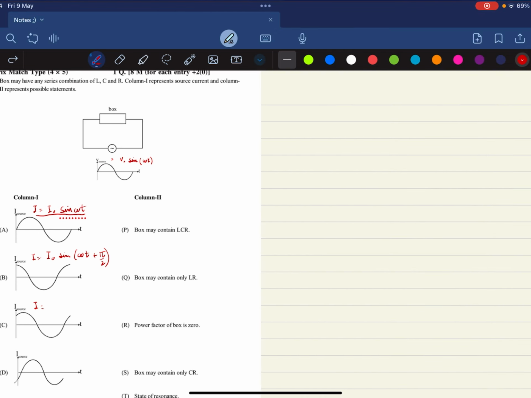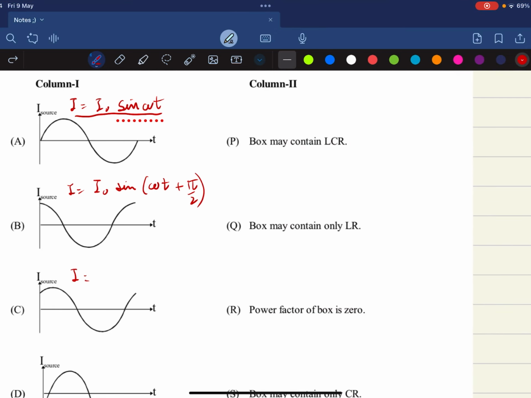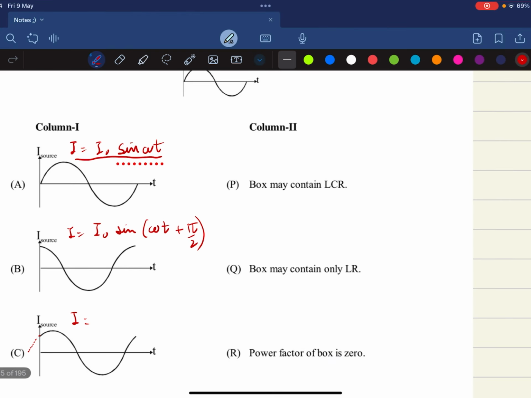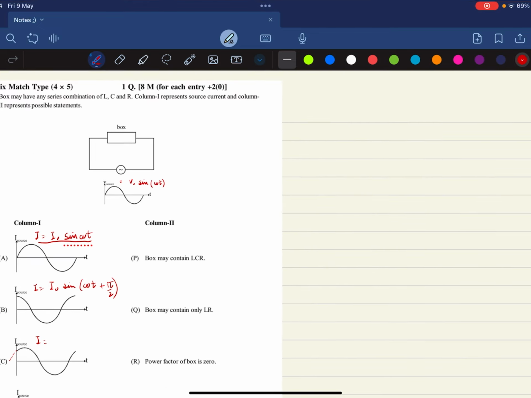Now this is not a typical conventional wave, like this is not a sine function or a typical cosine function. So let's see how we can write the equation of this wave.